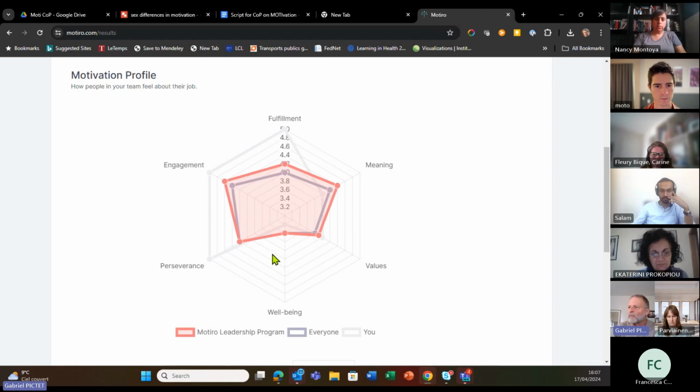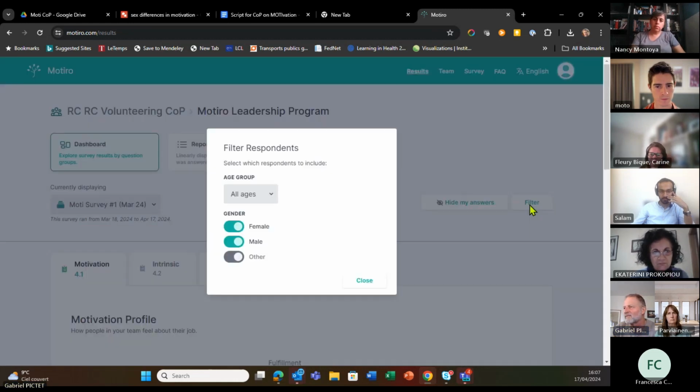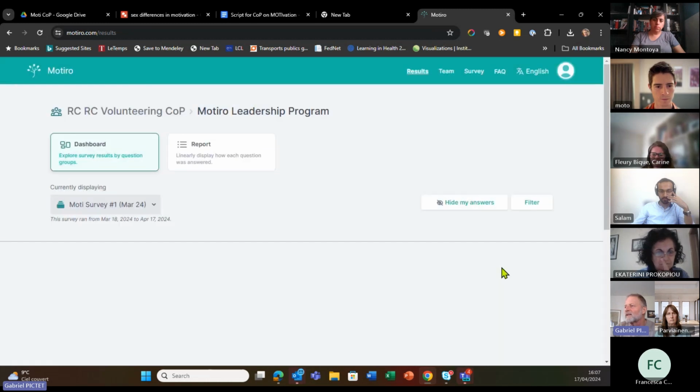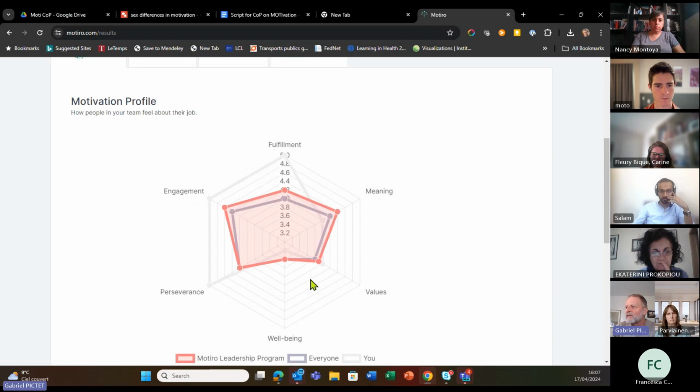We have well-being, and actually, no, there's no filter. Okay. So this is the whole team together. We have men and women together. And the gray line is the comparison with all the other staff in the Red Cross Red Crescent movement. So that's about 500-600 other people.